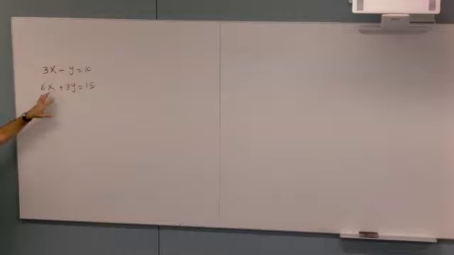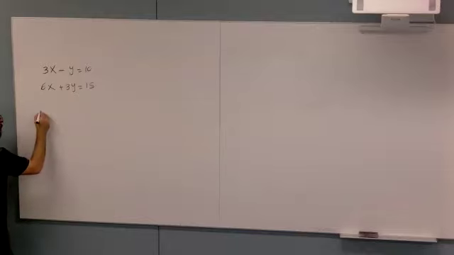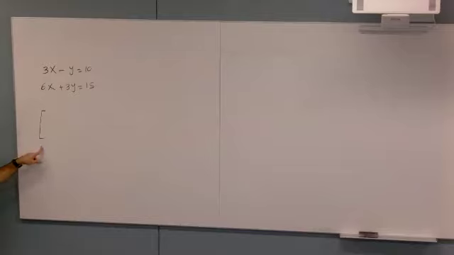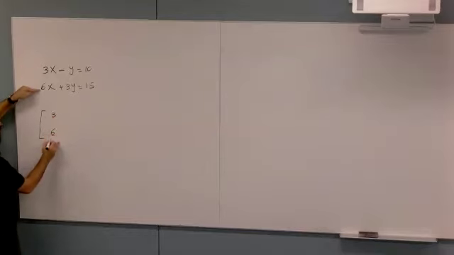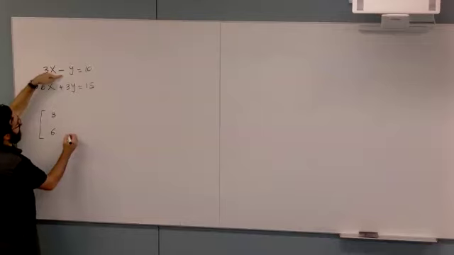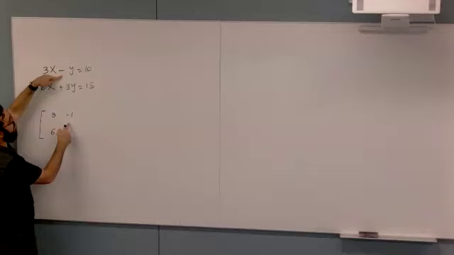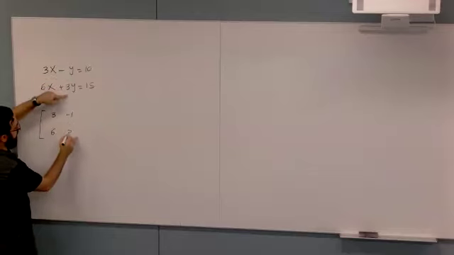I did that for a reason. And now I'm going to write down the matrix. Always a long bracket. What's the coefficient for the x? And then 6. What's the coefficient for the y's? 1, -1. So the sign is important. For the y, here, 3.